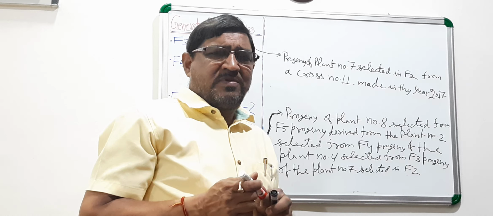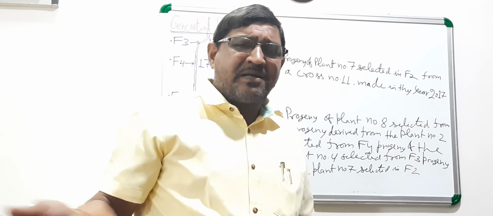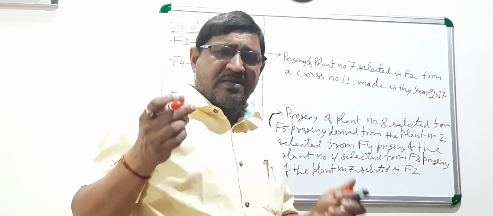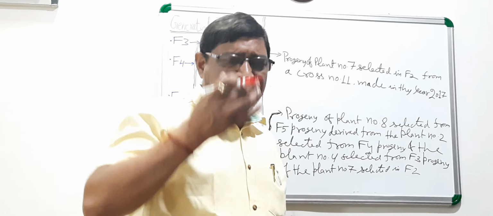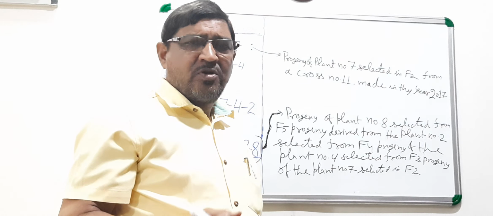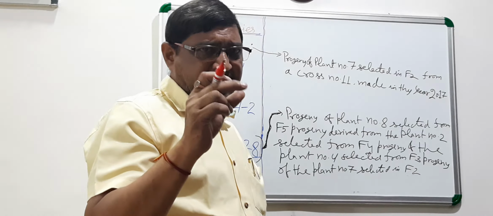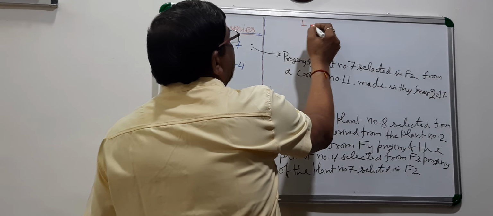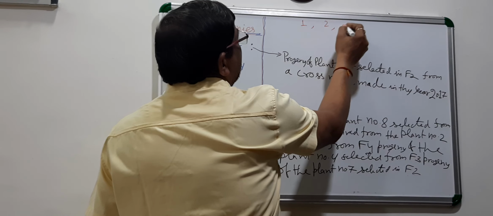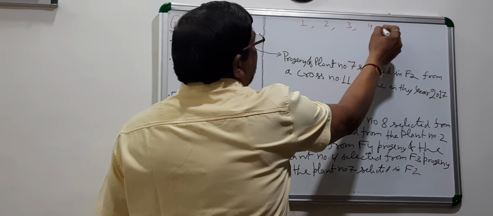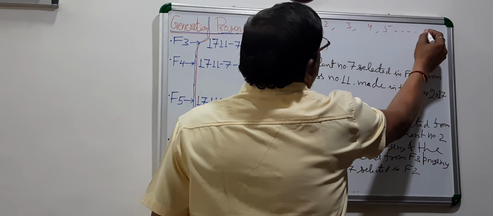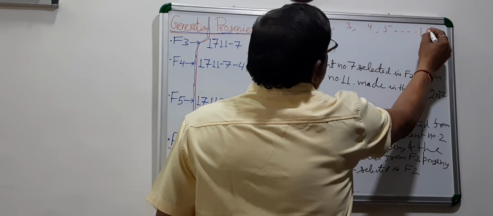Say for example, if you have made 10 crosses, 20 crosses, 50 crosses, 100 crosses, every year as per your objective, you are numbering them in the pedigree record. What is cross number 1, 2, 3, 4, 5, 10, 11, 12.